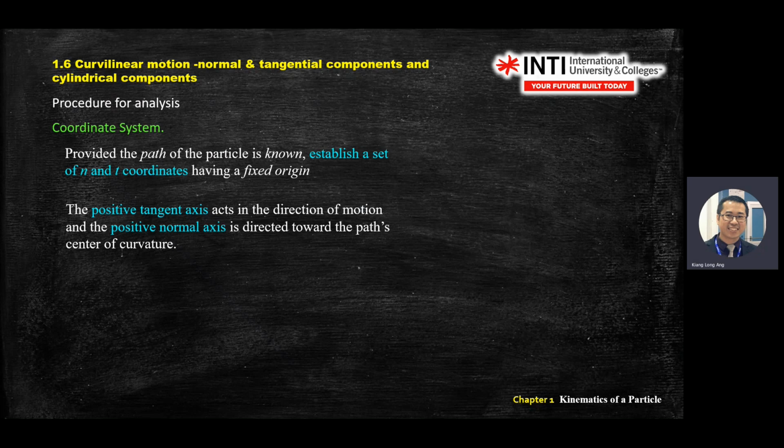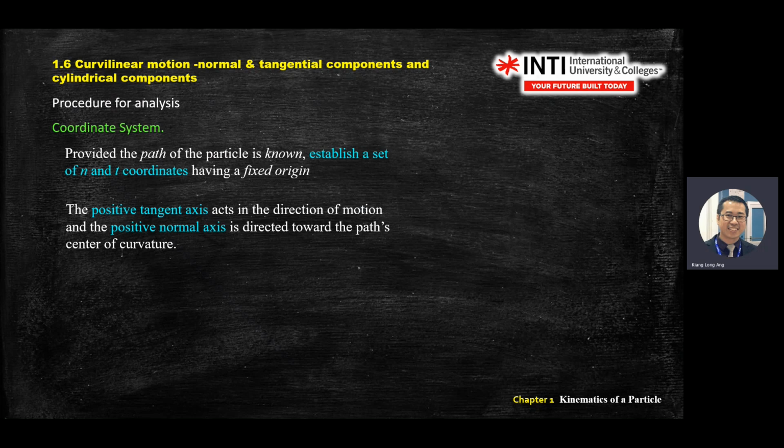If it is linear, you draw x, y axes. If it is a curve, you draw tangent and normal straight away. Then point out your origin O. Your coordinate system must come with the origin O, and where the normal and tangent are. That's the first step.